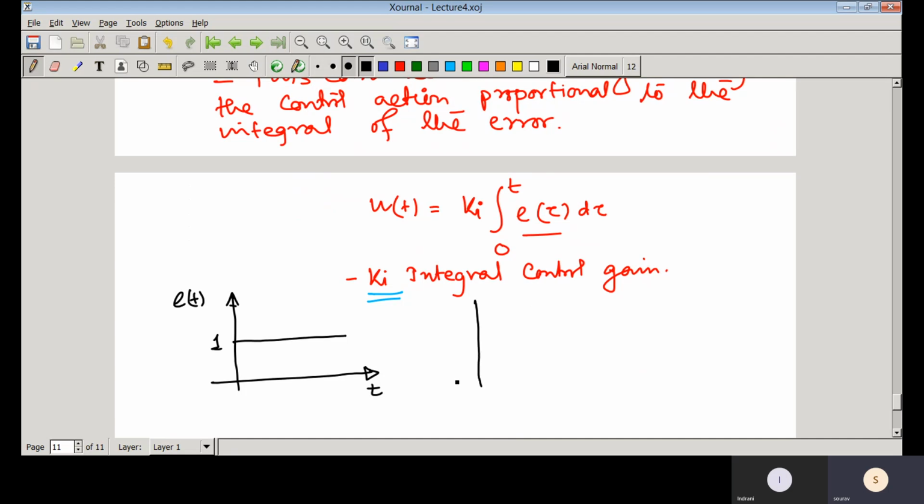Then what would be u? If you integrate 1, that would be a ramp signal. So u(t), the output of the controller, would be equal to that ramp signal. Now the slope depends on what Ki you have chosen.